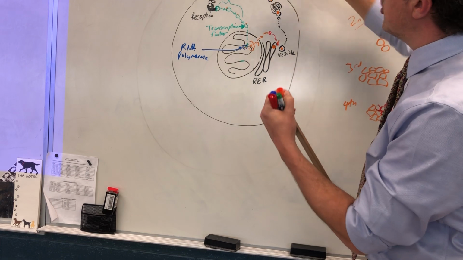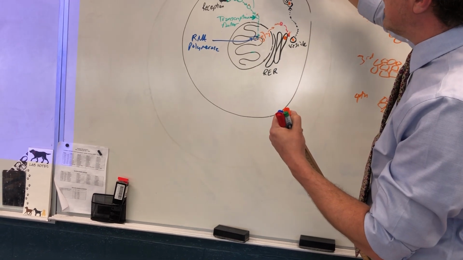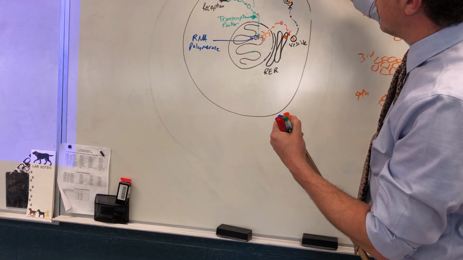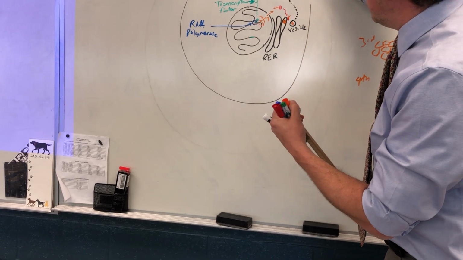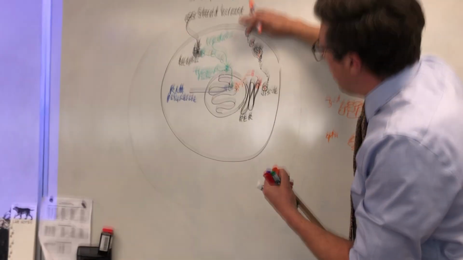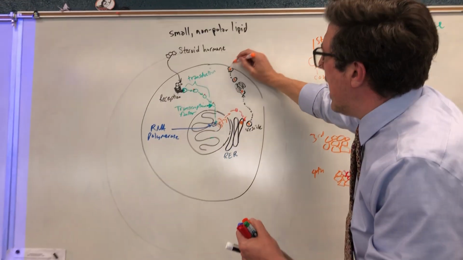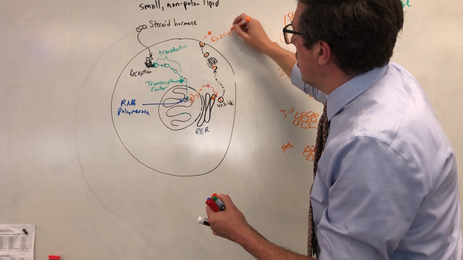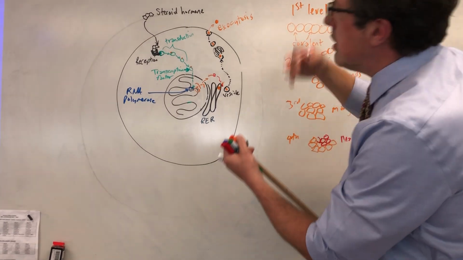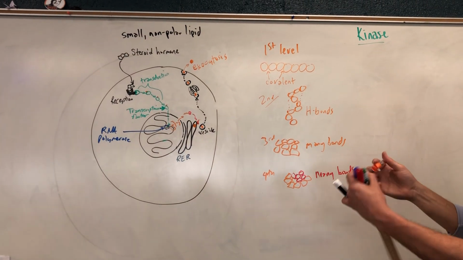And if this is going to be released to outside the cell, if that's the destination, that vesicle is going to fuse with the membrane like this. And then that will open. This is a process called exocytosis, right? Exocytosis.